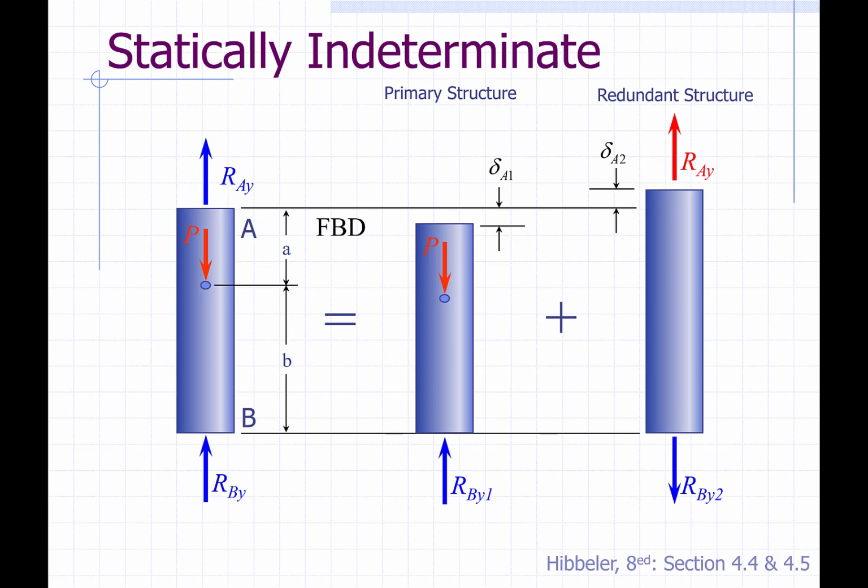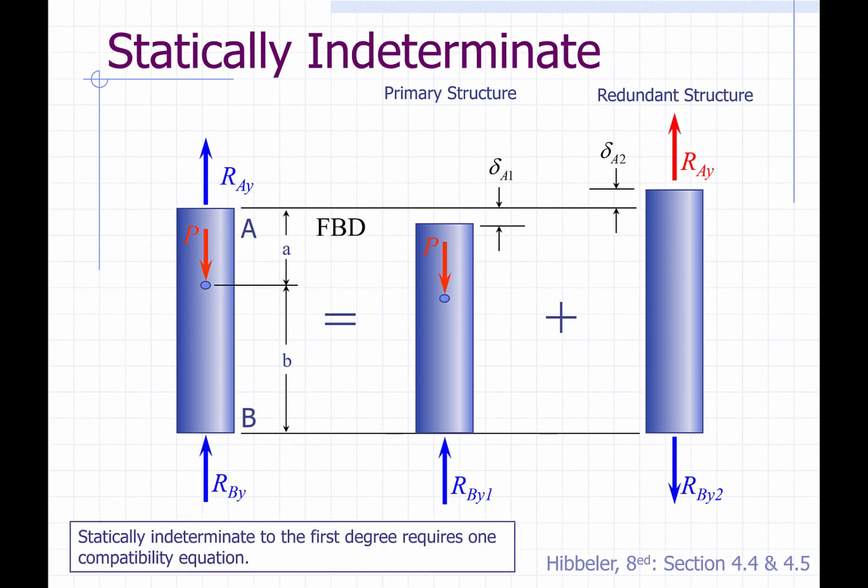Looking at the point of load application, we have no load applied to the redundant structure, P applied to the primary structure, and that equals P on the original system. Finally, on the bottom, we have RBY2 on the redundant structure plus RBY1 on the primary structure, and they have to sum together to equal RBY on the original structure.